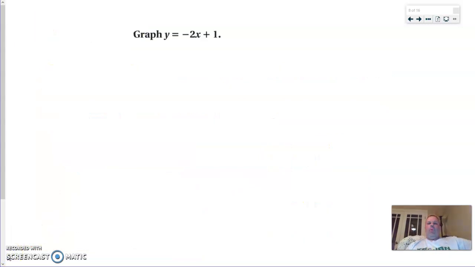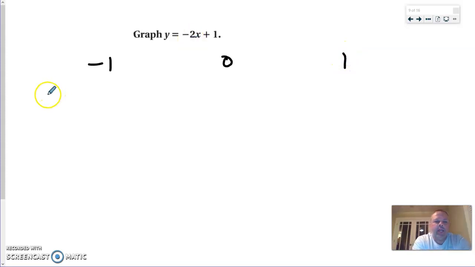So we're going to graph y equals -2x plus 1. I'm going to try to use -1, 0, and 1. When I put in this one, I get -2 times -1 plus 1. A negative times a negative is a positive, so I get 2 plus 1, which is 3.